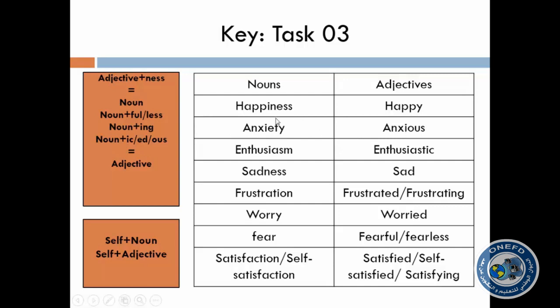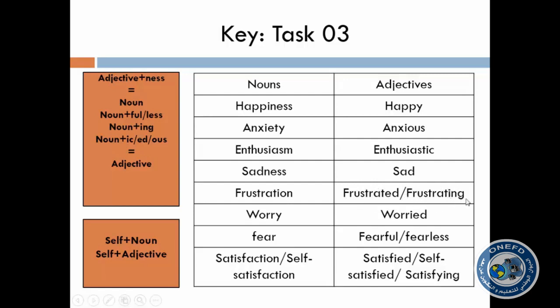The same with happiness: the root is happy and we added the suffix ness to make the noun happiness. Enthusiasm, enthusiastic. Sadness, sad. Frustration, frustrated or frustrating. So frustration is a noun and the adjective we have is frustrating.